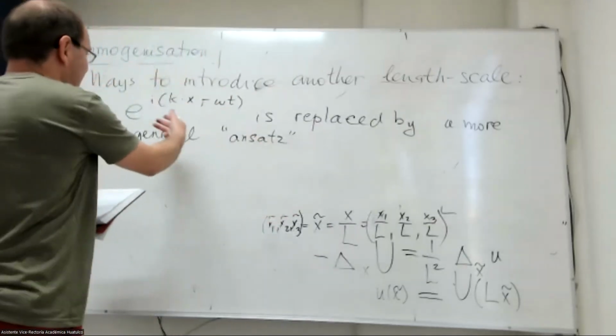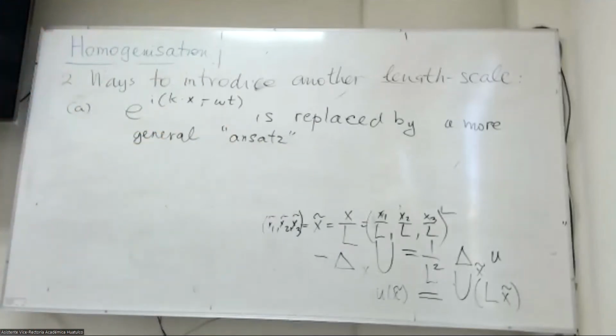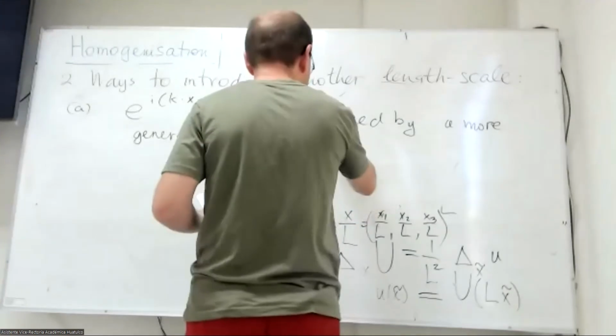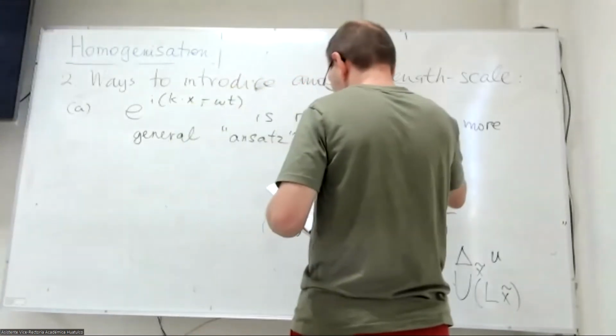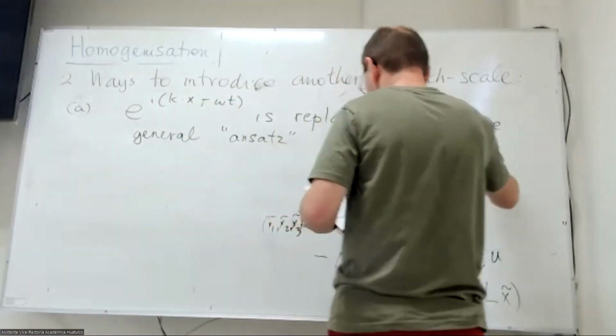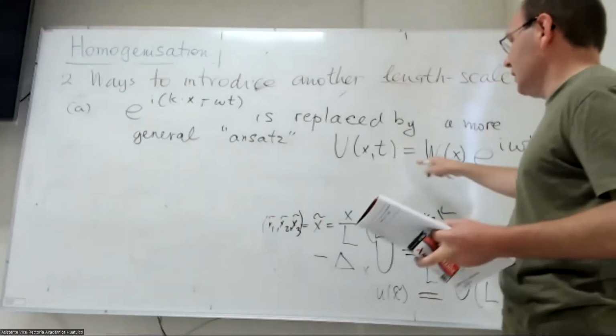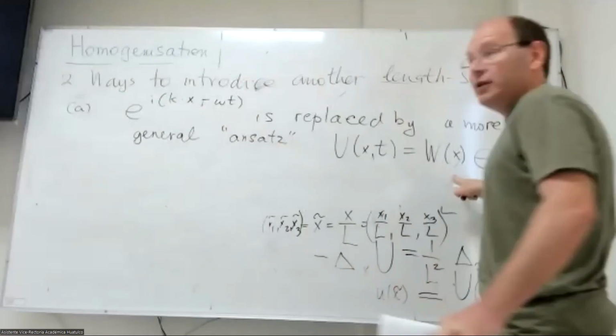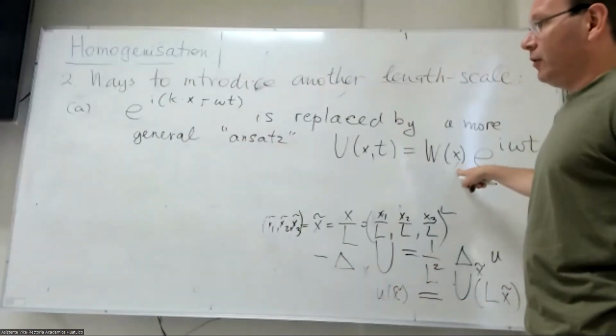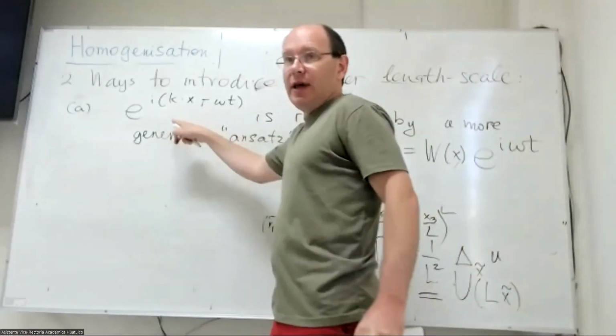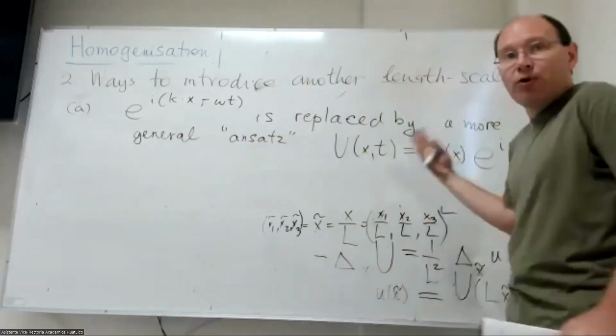So this is a kind of form that was ready to go into the equation. I'm going to use a different, more general ansatz. Of course, that guy is a particular case of this one, where W is e to the ik dot x, but I'm just going to admit more general W's.